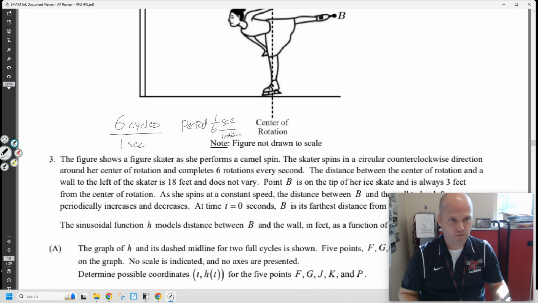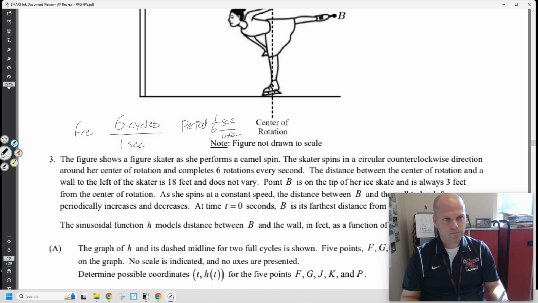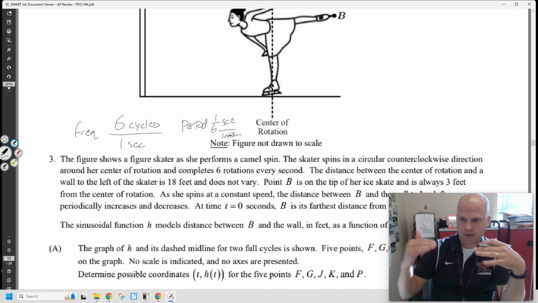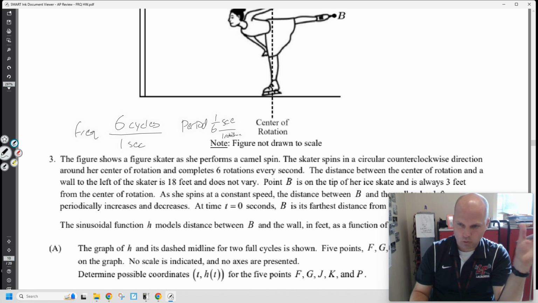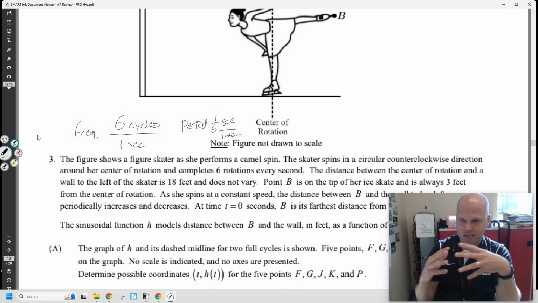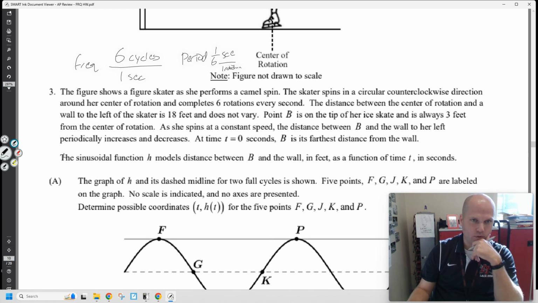We've got to flip. This is a frequency, in cycles per second. Period is how long it takes to get one cycle done. We think of 2 pi being like the x length, the time it takes for my graph. So that's very important. Period is 1/6.